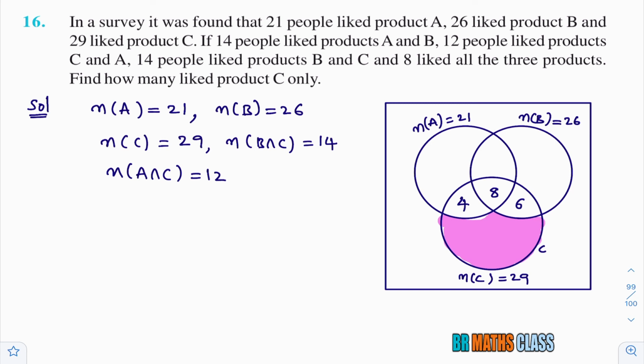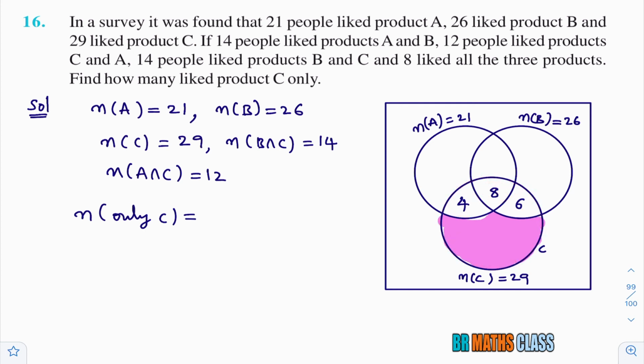Right. Now, what they are asking in the question, how many liked product C only? Product C only. I'll write here. Number of people who liked only C is, this full is what? This full is 29. From 29, if I subtract these numbers, then obviously I'll get C only.